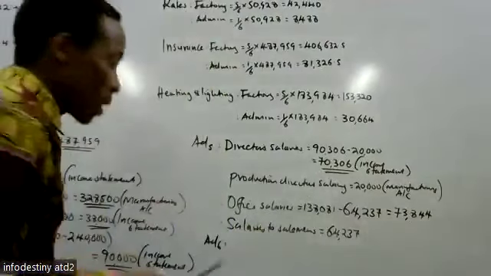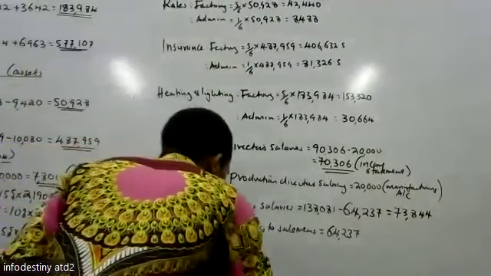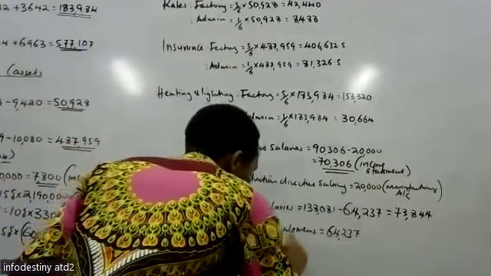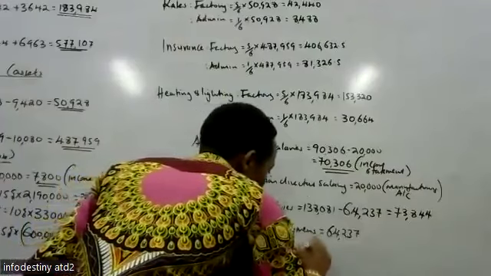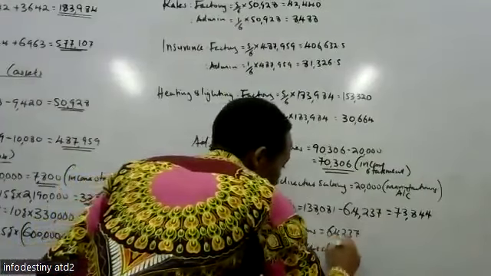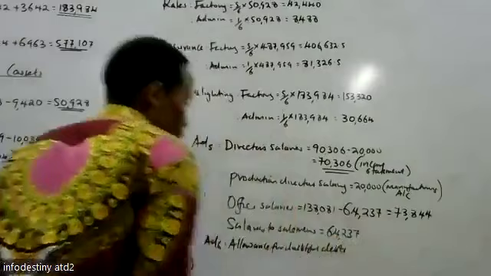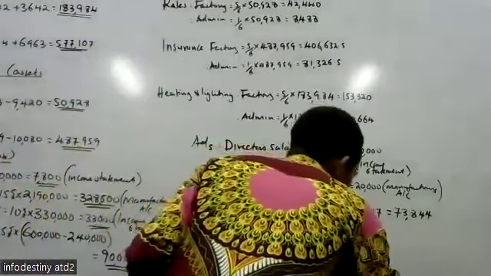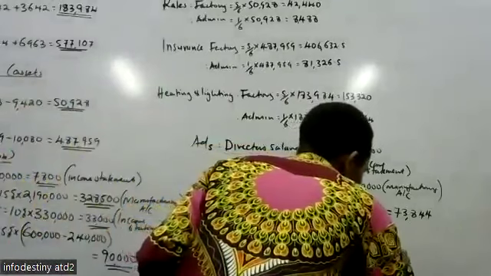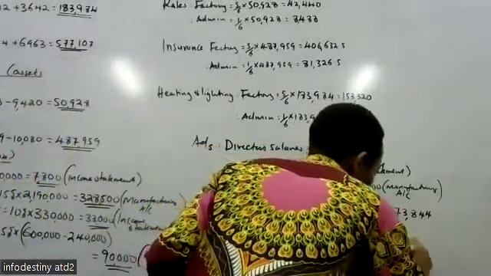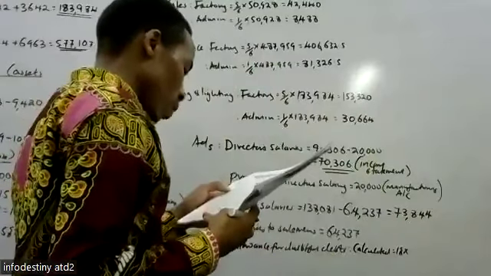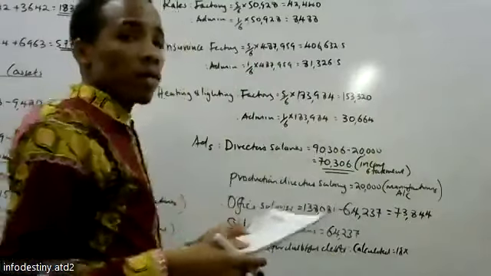So allow me to fix it here. Allowance for doubtful debts. So we'll have the calculated, which is 1% of the accounts receivables, and the accounts receivables were given as 1.5 million.